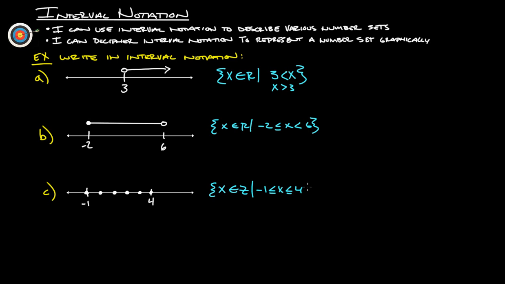Now, we could have done the same thing and said that it started at, say, -2 and ended at 5 so long as we didn't put the equals to, because x is greater than -2. The first integer that's greater than -2 is -1, and the last integer that is less than 5 is 4.